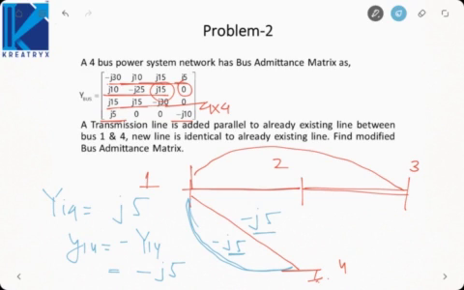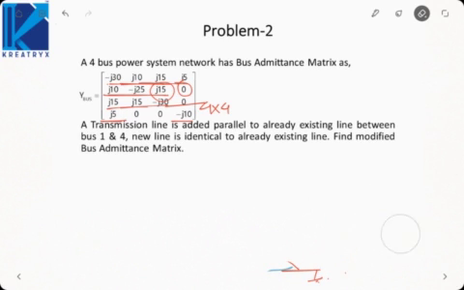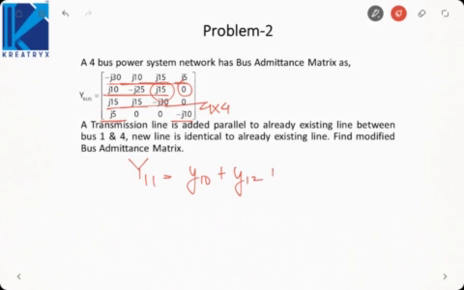So the net admittance between bus 1 and 4, let me call it y14 dash, is minus j10, because in parallel both the admittances are added with each other. Due to this y14 element changes. So now what we have to say is which elements consist of this element of y14. Now y11 will be equal to y10, 12, 13, 14.